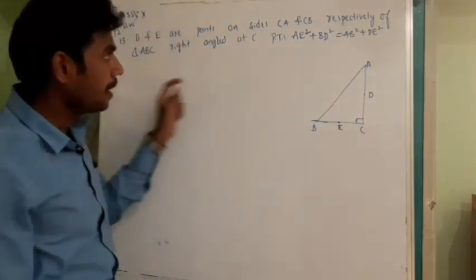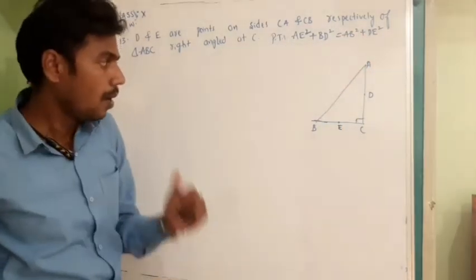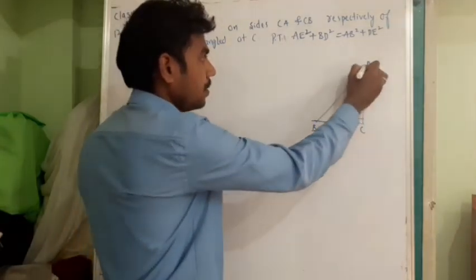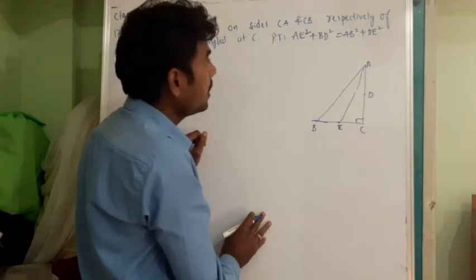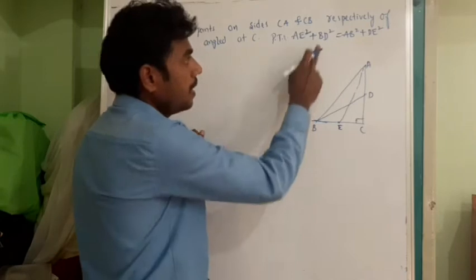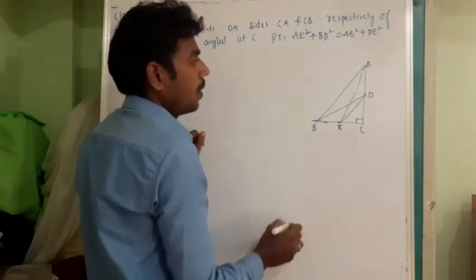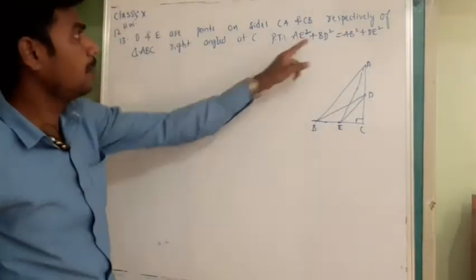Now I need to prove AE square plus BD square is equal to AB square plus DE square. What can I do? I need AE square, so I'll join this. I need BD square, I'll join this. I need DE square, I'll join this. So through this diagram, we need to prove this.